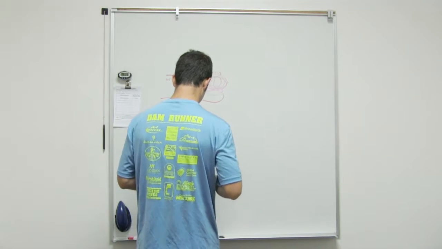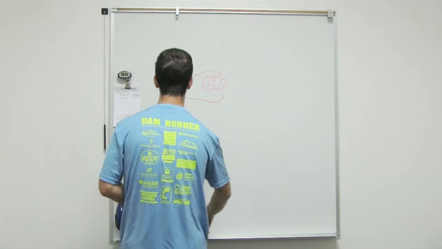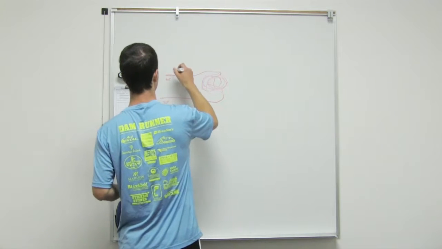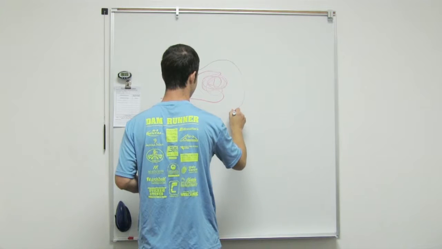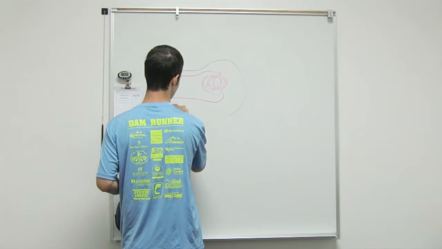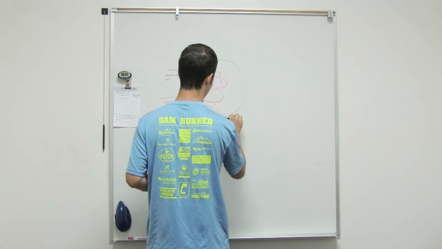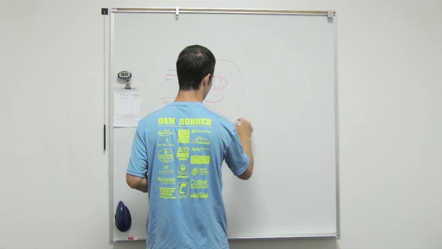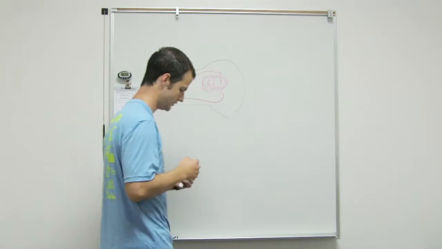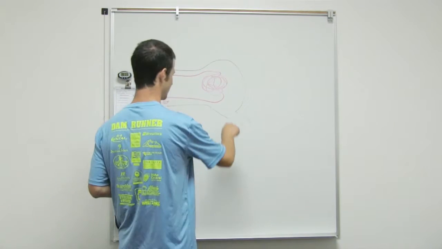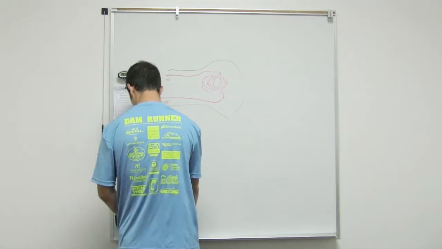And surrounding this is the capsule, right? This is the capsule that's surrounding it, and then it filters off. And this is the proximal convoluted tubule, leaving the capsule.